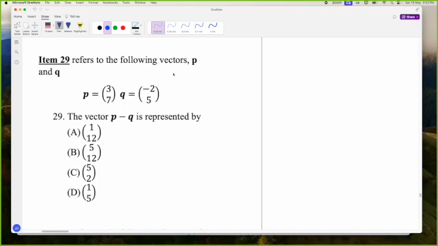Refers to the following vectors, P and Q. So I see P, I see Q here. They want the vector P minus Q. So P minus Q means I'll have P, which is (3, 7), minus Q, which is (-2, 5).